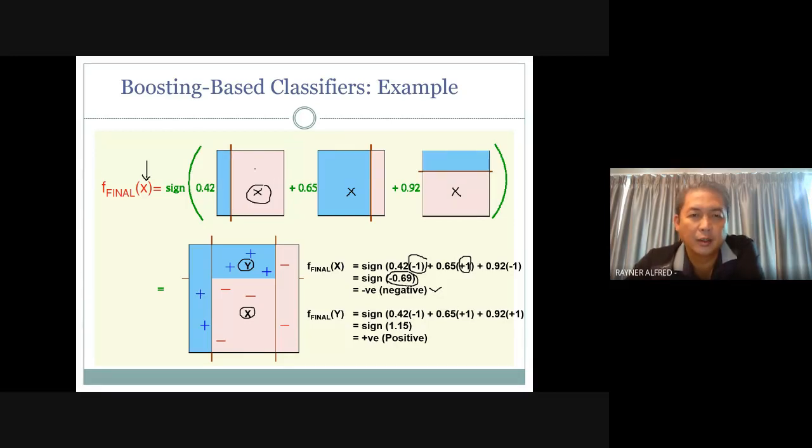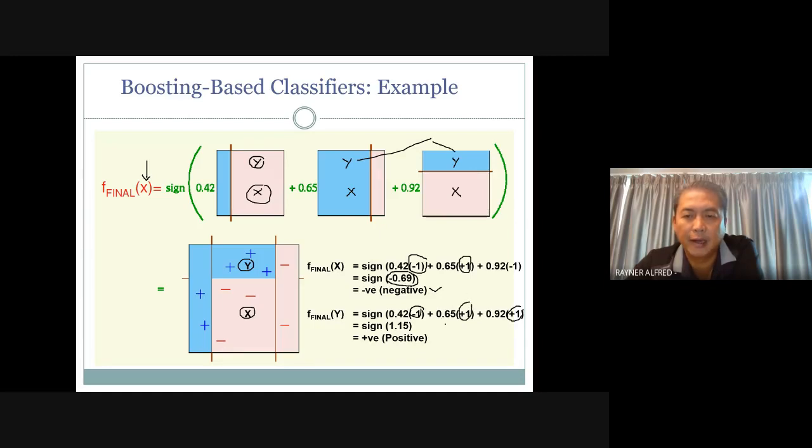Okay. So if we have a new item at this position, we will apply again. So this is in the negative area. So we put minus, and then the next two will be in the positive.